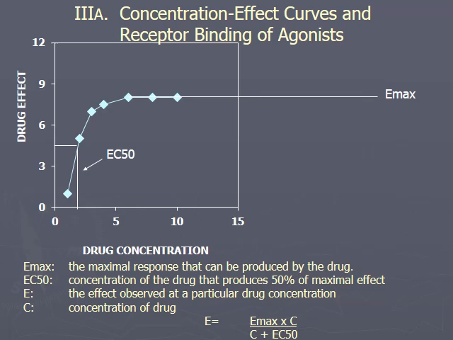And you draw the line over to the curve and drop it down to the x-axis, and that becomes the EC50 concentration. By itself, it might not mean much to you yet. But these two parameters are important when we start to talk about things like agonists and antagonists, and when we start to compare drugs to each other. So we're going to build on this as we go. Okay. For now, you can just say EC50 tells you something about the potency of a drug, how potent the drug is.